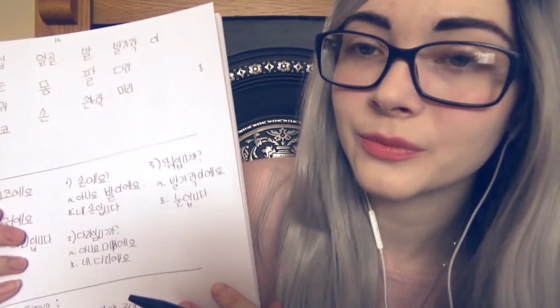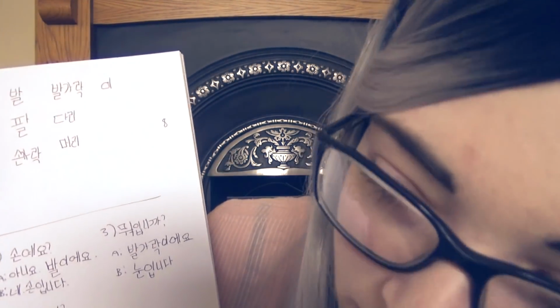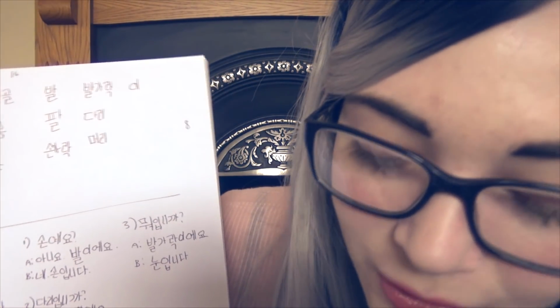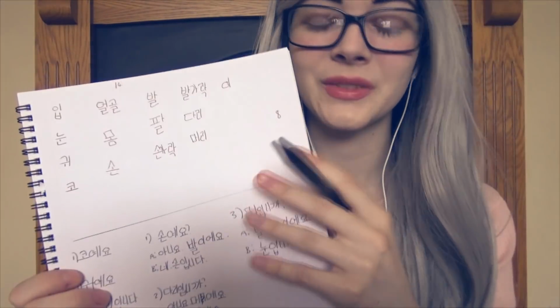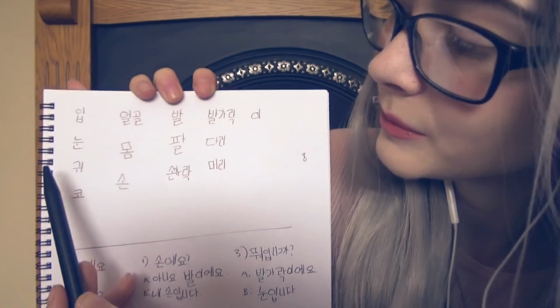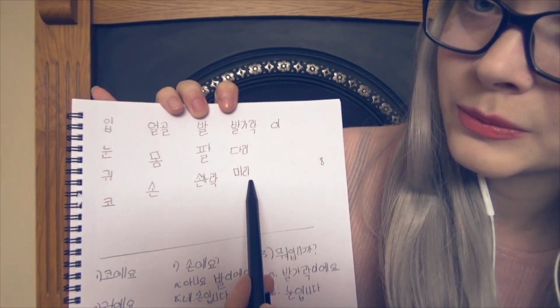I shall first say all of the words, and afterwards I will tell you what each one is, and you can repeat it after me. Okay? Wonderful. Looking, we'll go down.